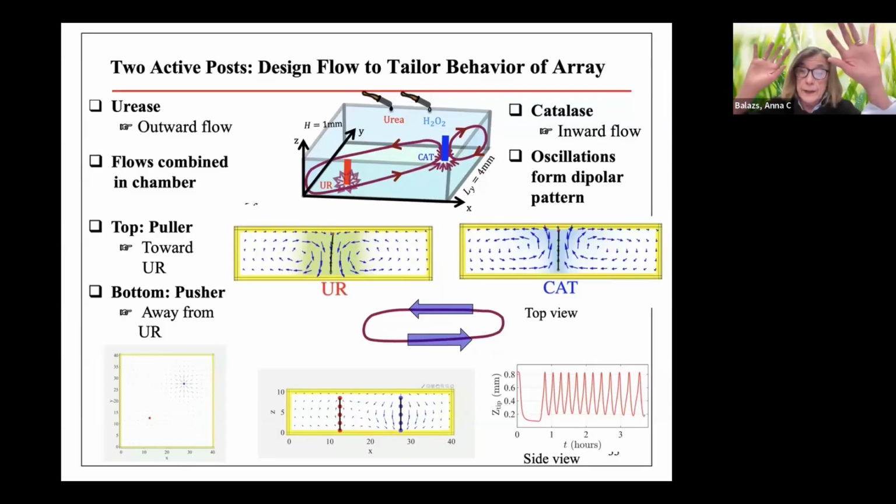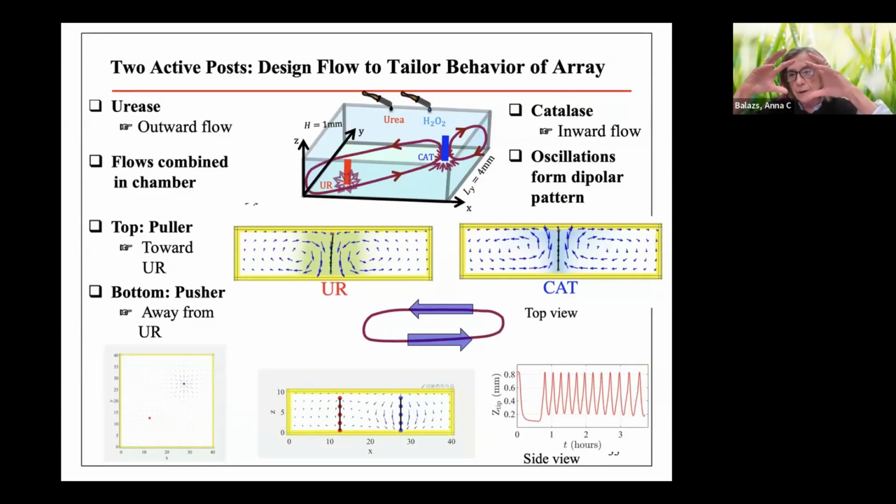So before, we looked at when we had one active and one passive. But you can have two active. So this is catalase and this is urease. I think this will show you how you can create these systems that are not symmetric. The catalase is right there, and it's generating inward flow, so it's a pusher. But at the same time, because I'm going to put urease and catalase, urea and hydrogen peroxide, at the same time into the box, urease is generating outward flow.